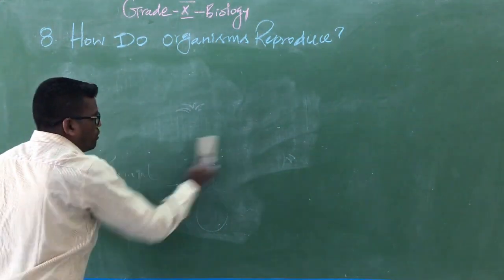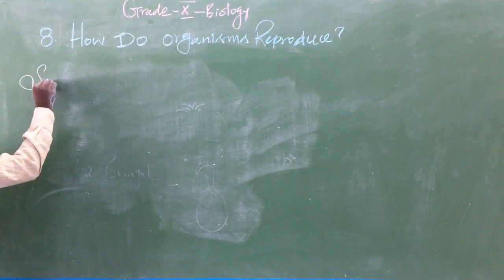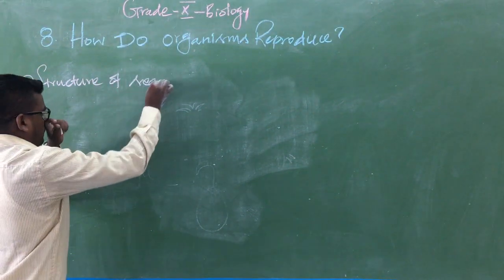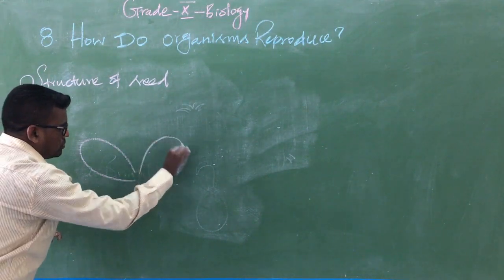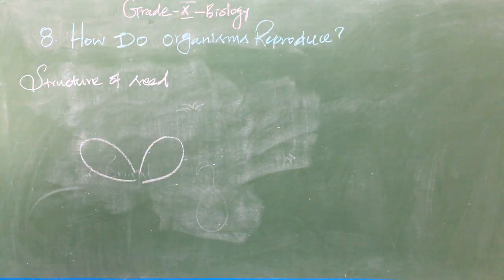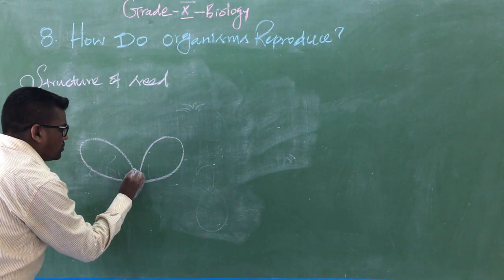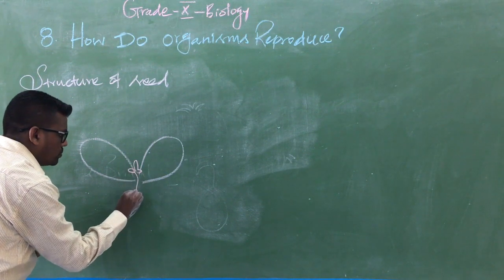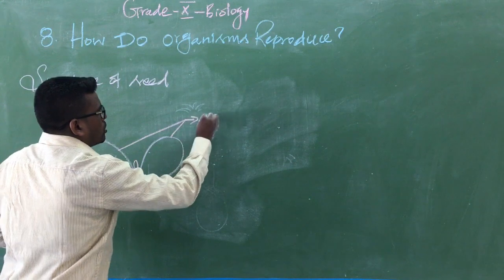Now, structure of seeds. This is the cotyledon.